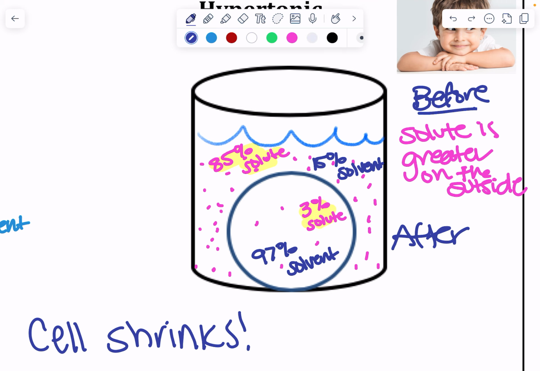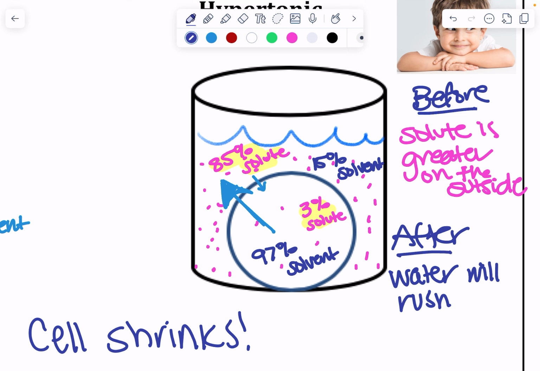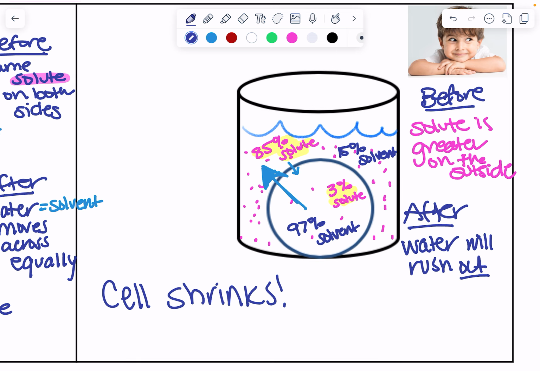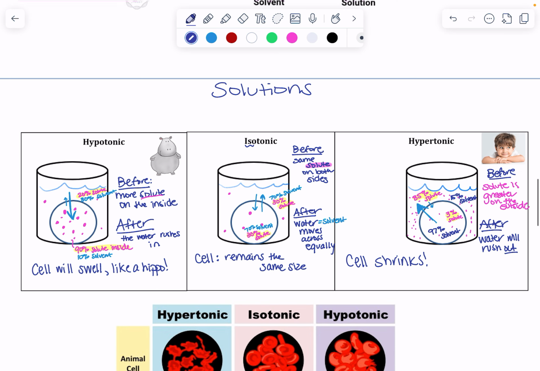So let's go ahead and make your water arrow very big leaving and a little bit going in because there's still some water coming inside the cell, but not as much. Okay, so the after is that the water will rush out of the cell and the cell will shrink.